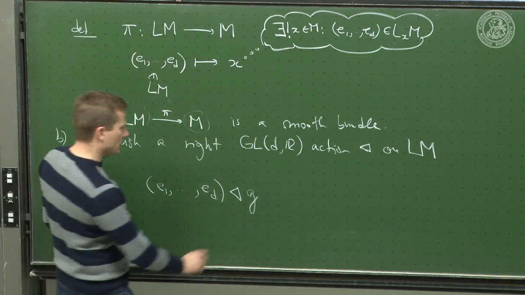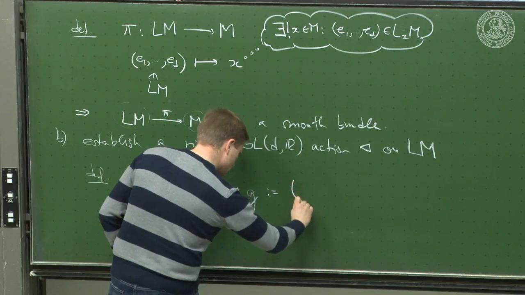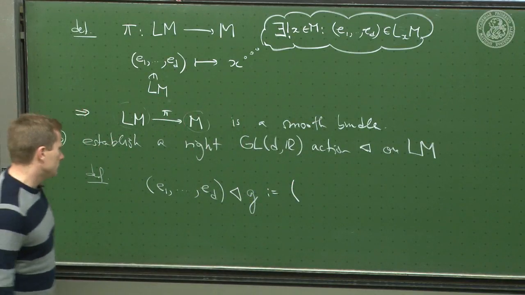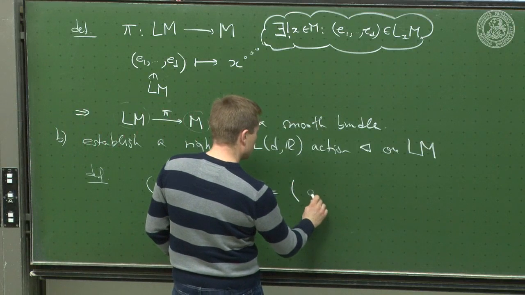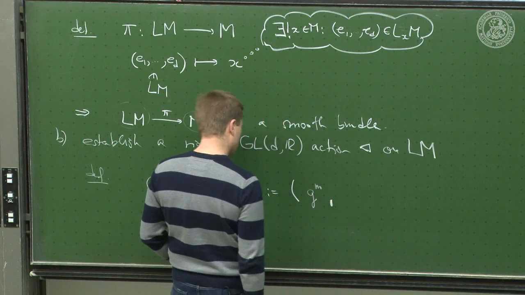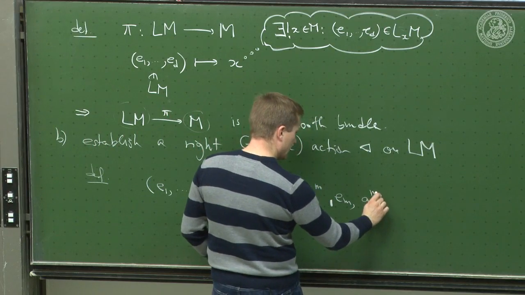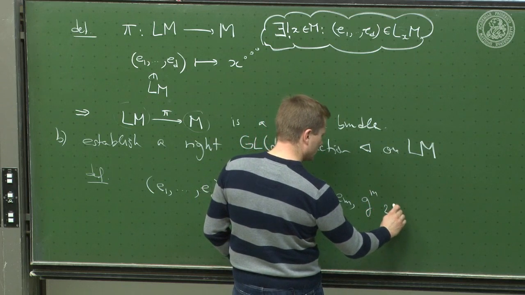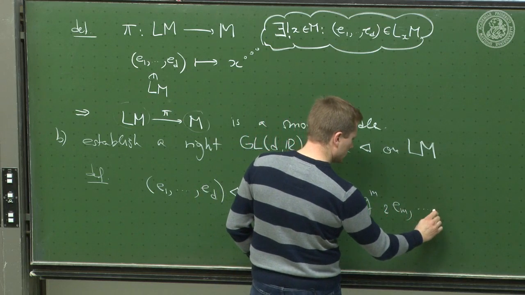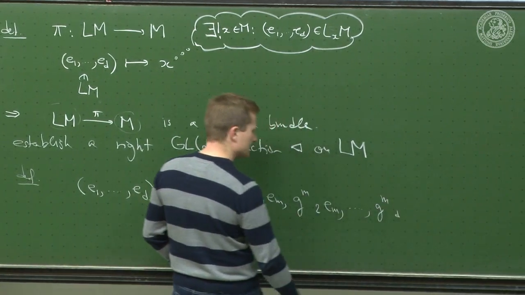And we define this action as follows: g^m_1 e_m, comma, g^m_2 e_m, dot, dot, dot, up to g^m_D e_m, where D is the dimension.